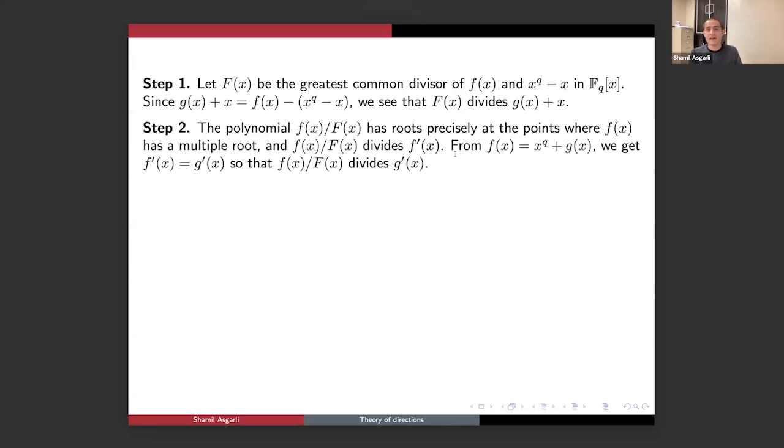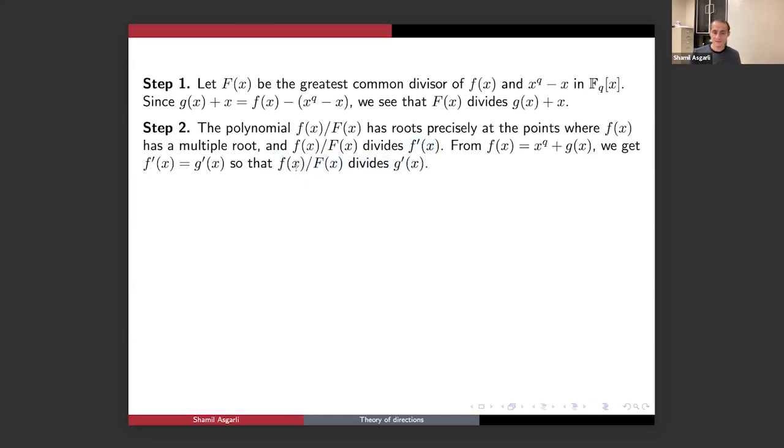Well, more precisely, I'll say one more thing. Now, because f of x divided by capital F of x divides lowercase f prime, now we can use the fact that little f and g are related using this formula. So when I take the derivative of both sides, I see that f prime and g prime are identical to each other, so that lowercase f divided by capital F in fact divides g prime of x, because it divides f prime of x, and they're equal.